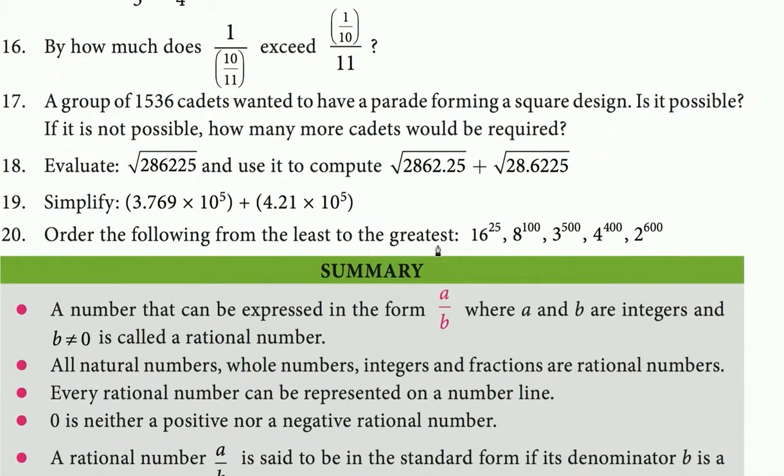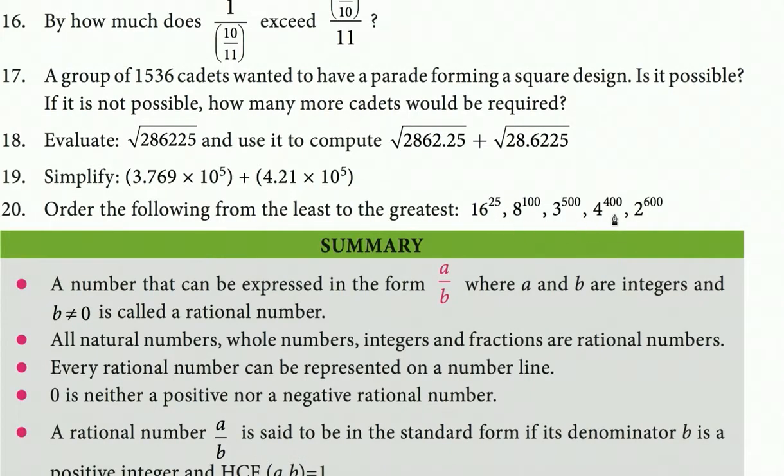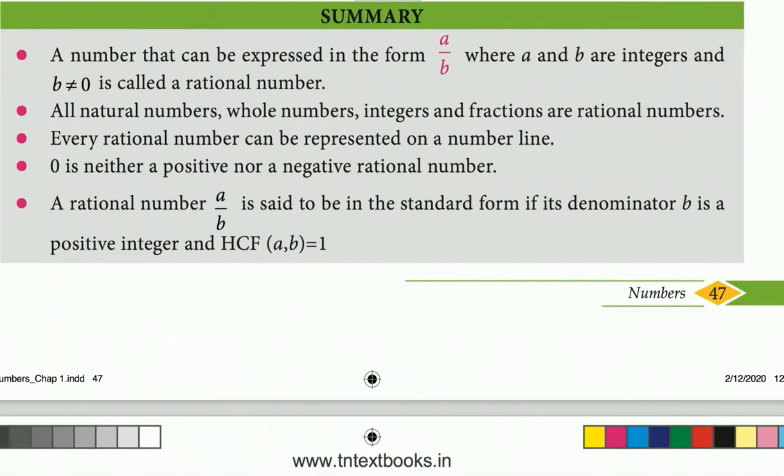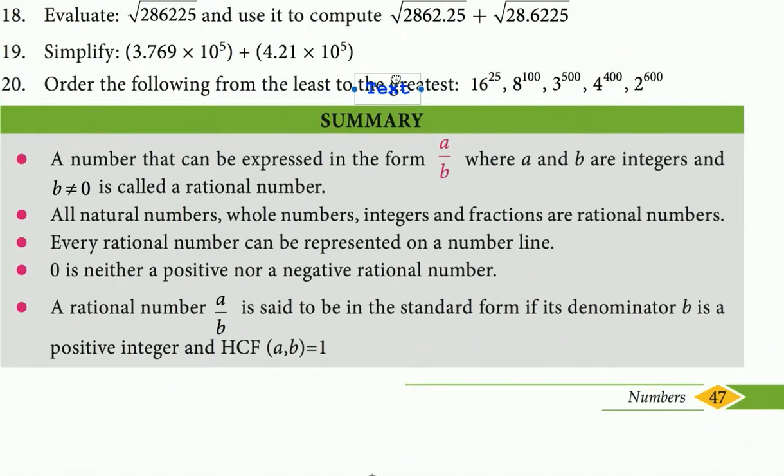Order the following from the least to the greatest. This one I will do. Okay, 2 power 600, right? This is 2 square to the power 800. Can I write it as 2 power 800? Is that possible here? Let me see.